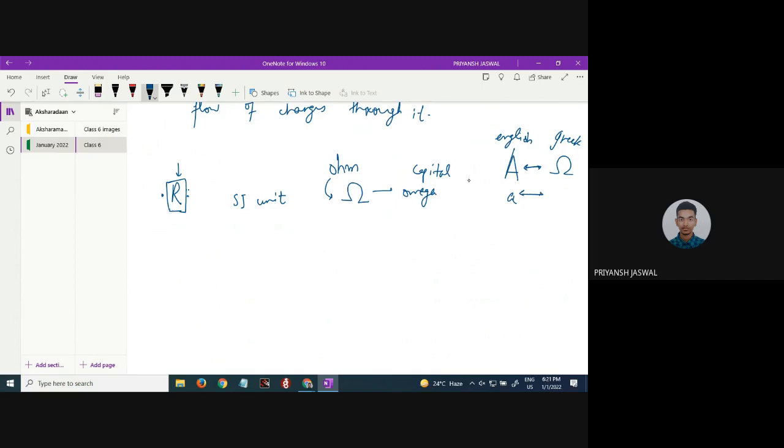For small omega, the symbol is like this. It's like a W, but this is omega. So for electrical resistance, we use capital omega. And this is the formula according to Ohm's law for electrical resistance.